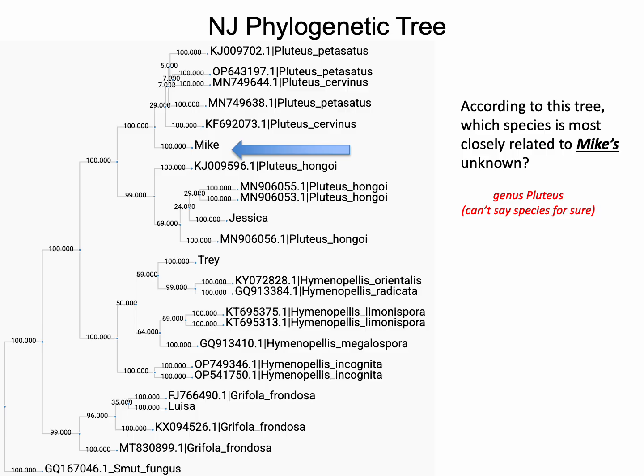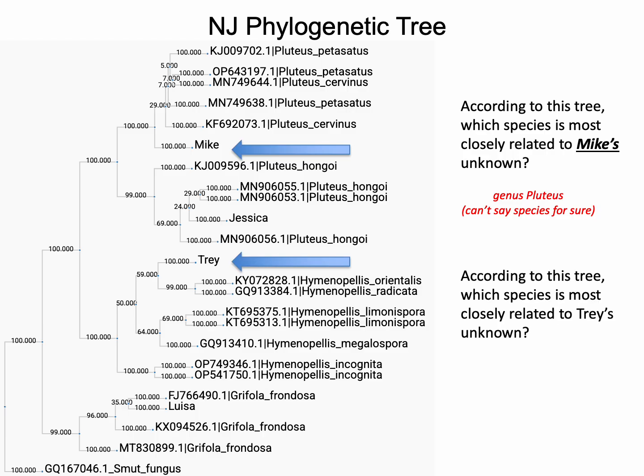In addition, the next closest related sister clade is the one with Jessica's sample in it that has all Pluteus ongoi. So once again, it's a member of the genus Pluteus, just a different species. So Mike's sample is almost certainly a member of the genus Pluteus, but we can't say for sure which species it is.